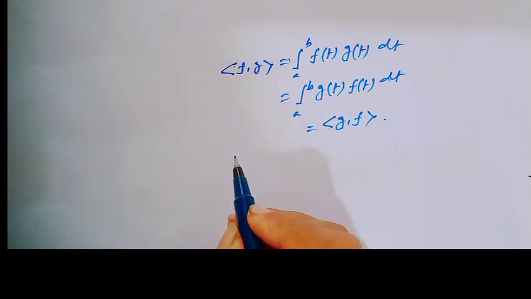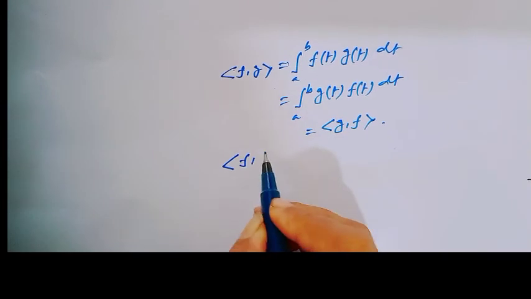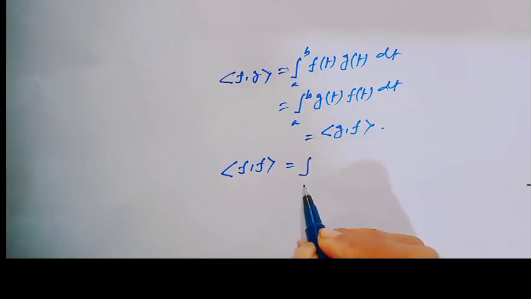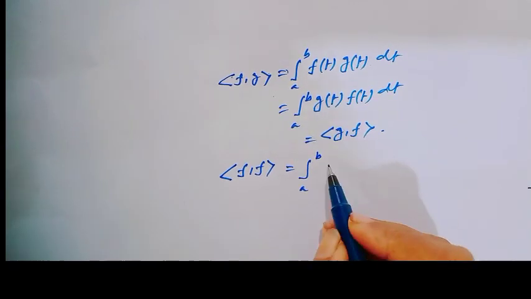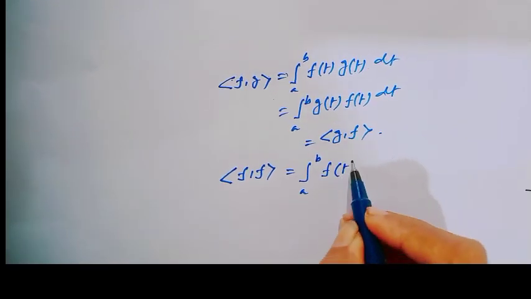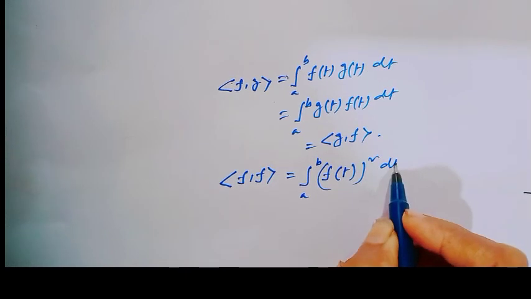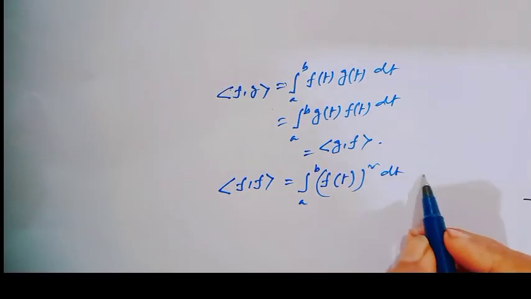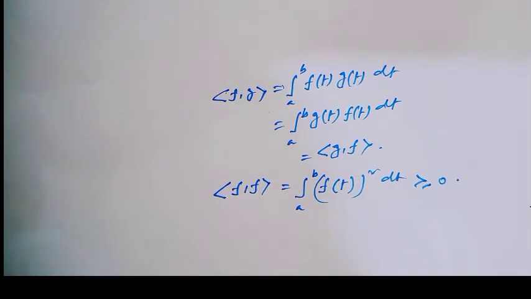Our next condition: inner product f with itself. This is integration a to b of f(t) whole square dt, and this value is obviously always greater than or equal to 0.